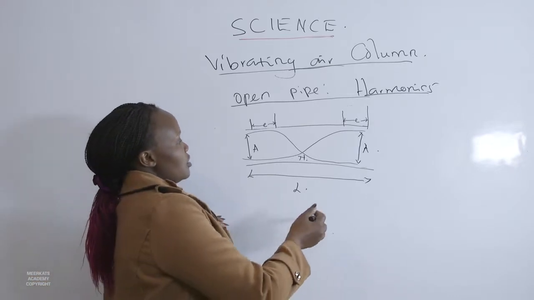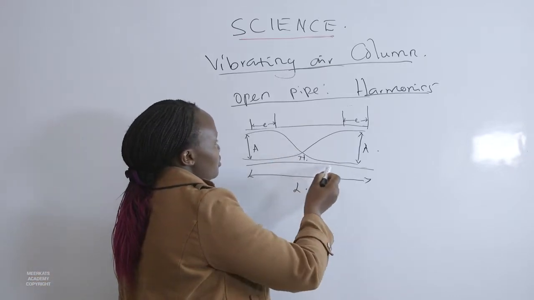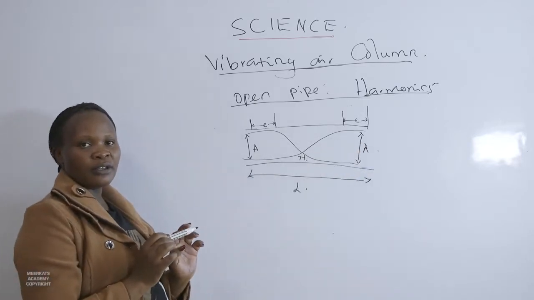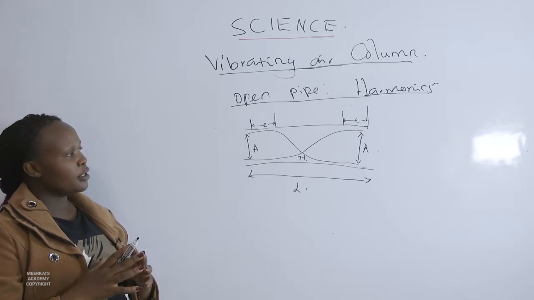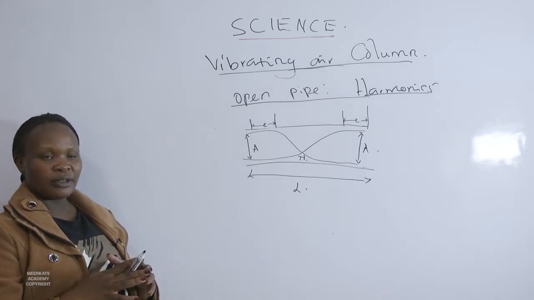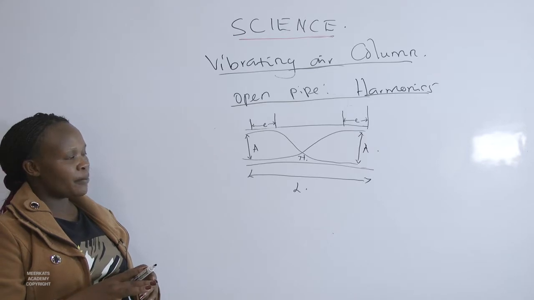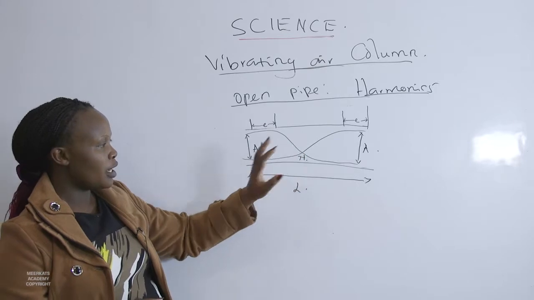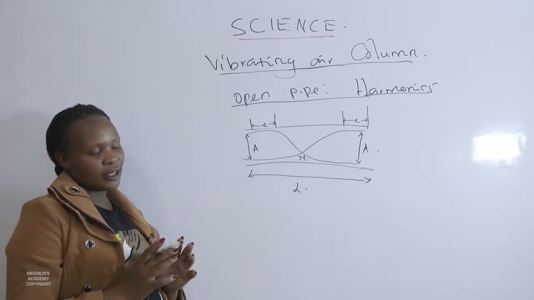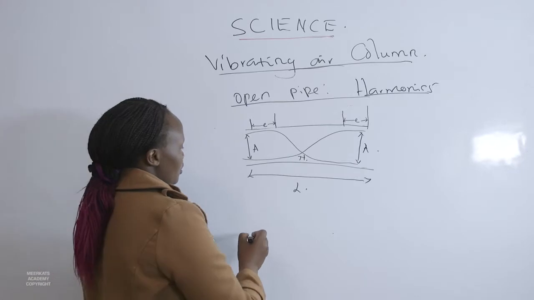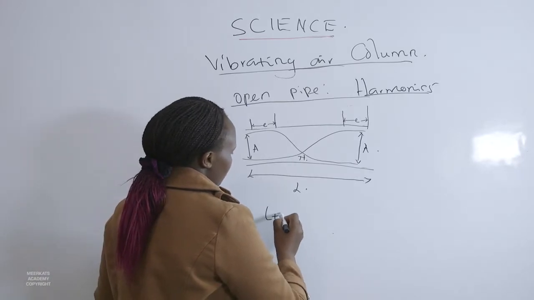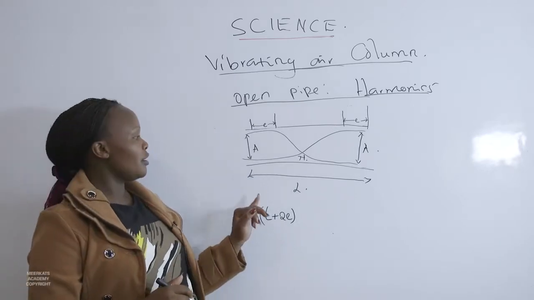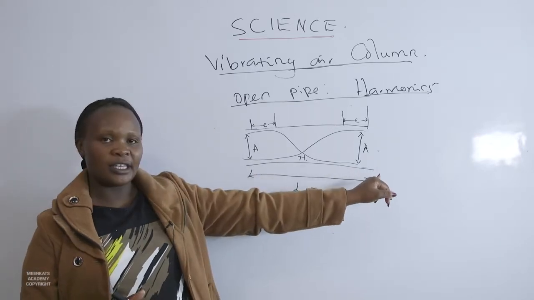This one was the incident wave, the first one, and was reflected to form the second wave. They interfere to form a stationary wave of that nature. Now, here we can see that our full length is now going to be L plus 2E, because we have end correction on both ends.